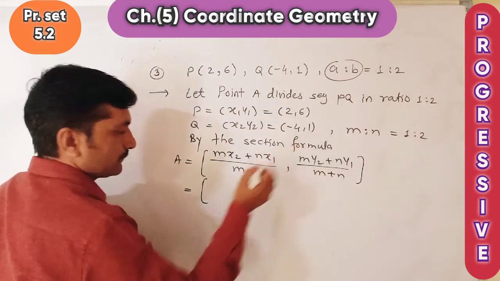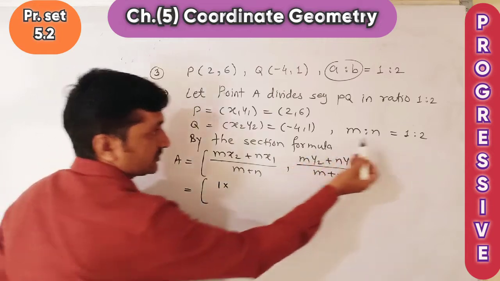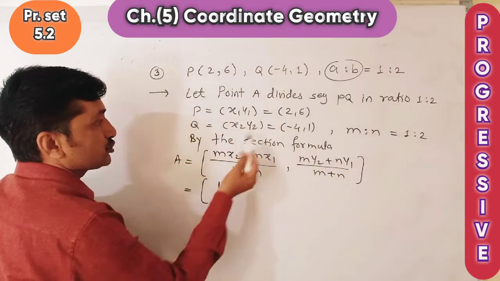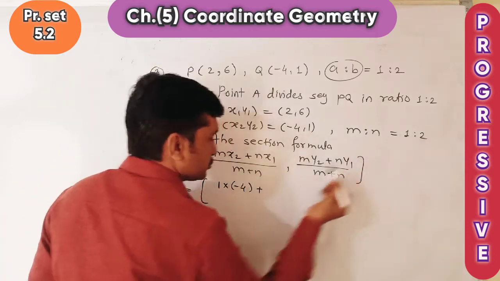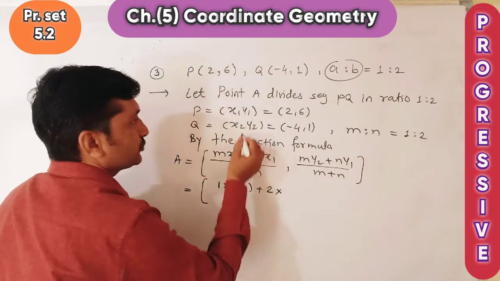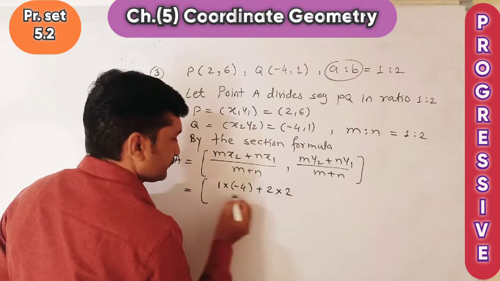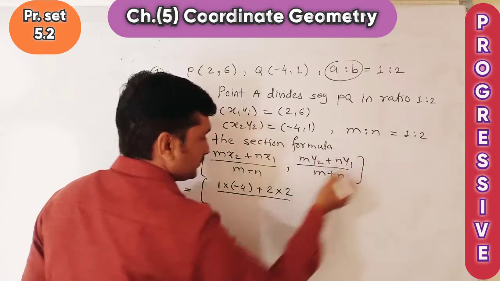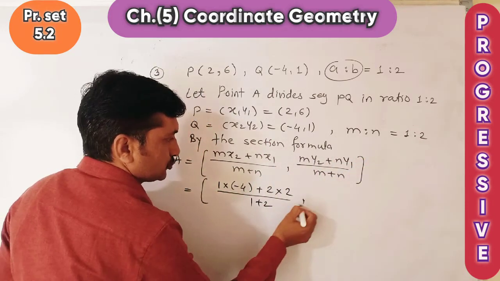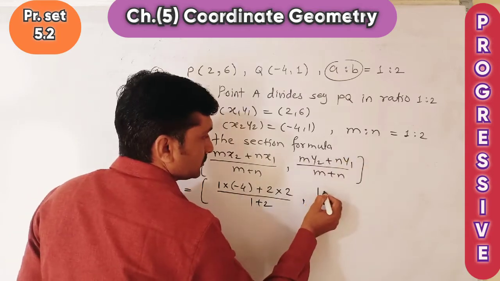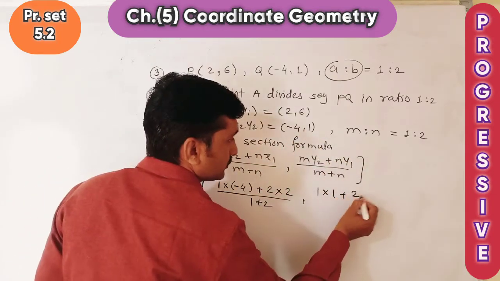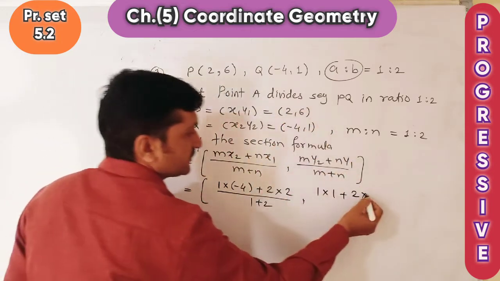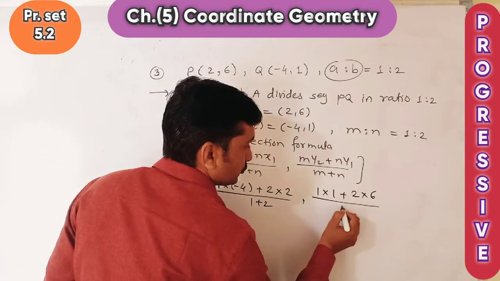Now put in the values. m is 1 multiplied by x2, which is -4, plus n, which is 2, multiplied by x1, which is 2, upon m plus n, which is 1 plus 2, comma, m again 1 multiplied by y2, which is 1, plus n, 2, multiplied by y1, which is 6, upon 1 plus 2.